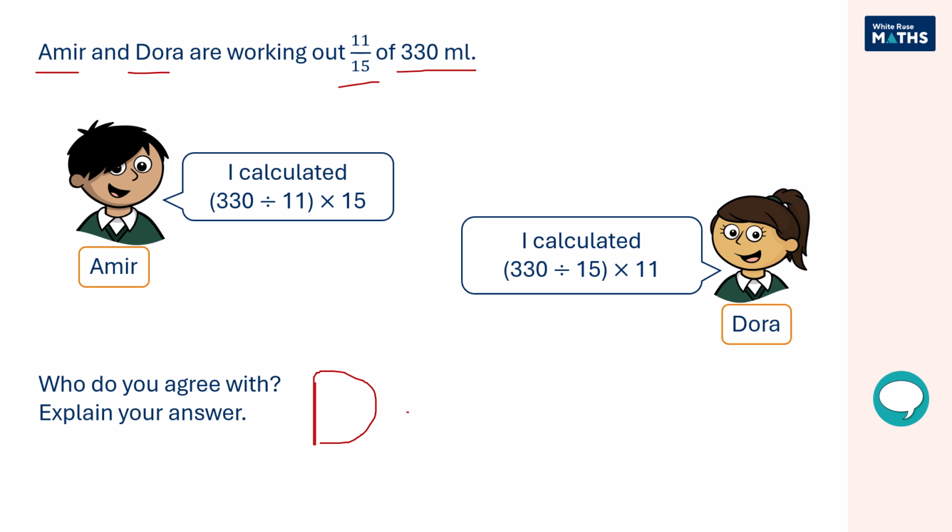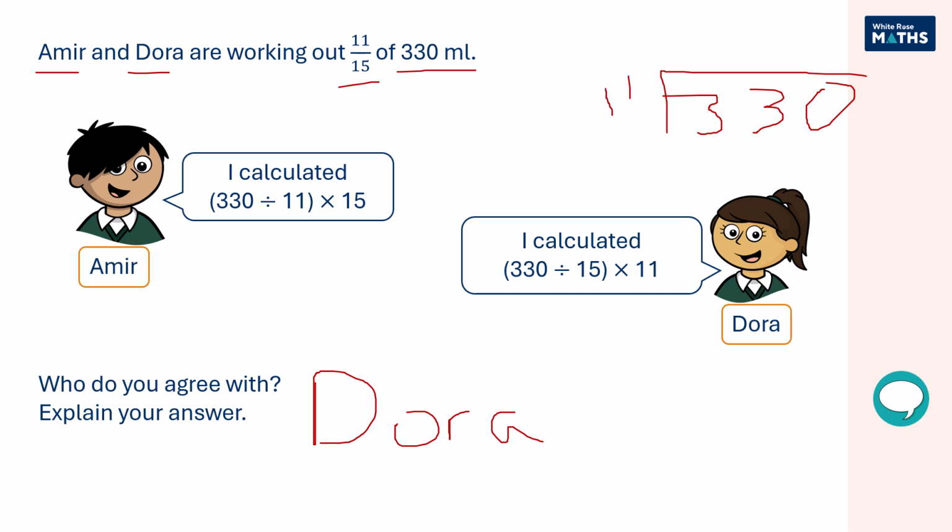Remember, we divide by the denominator, and then we multiply by the numerator. So we do 330 divided by 15, get an answer, and times it by 11 to get a final answer. 15s into 3 I cannot do, 15s into 33 go twice, remainder of 3, and then 15s into 30 go twice.